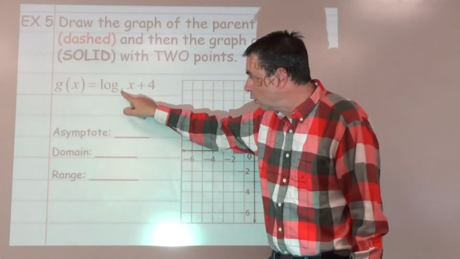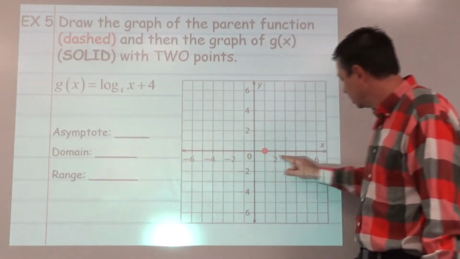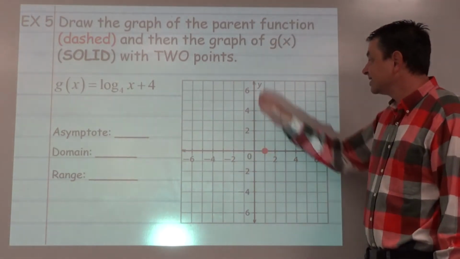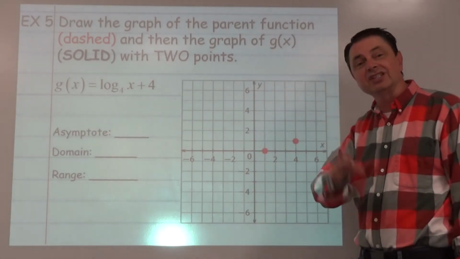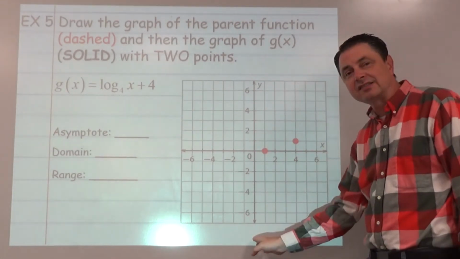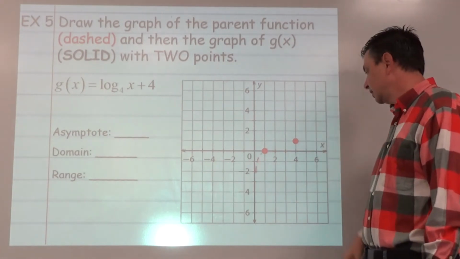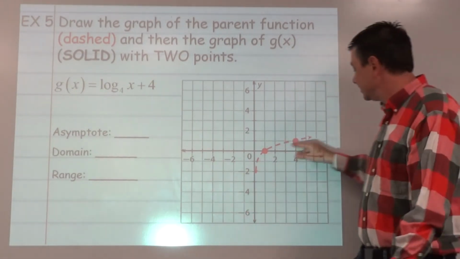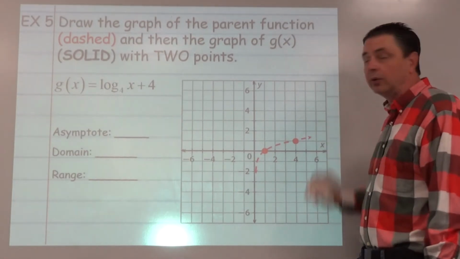Our base is 4, so 4, 1. And then it's going to get close to, but not touch, the y-axis, bending like that. It only bends in one direction. It doesn't go flat. It keeps going up.